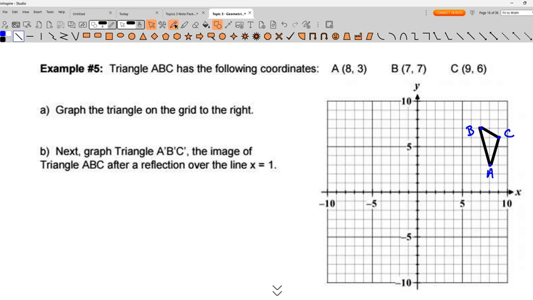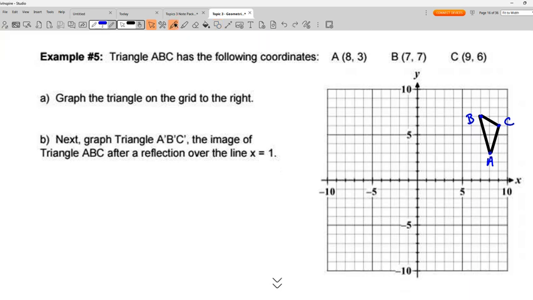Now, what they want us to do with that triangle is graph triangle A prime, B prime, C prime, which will be triangle ABC after a reflection over the line x equals 1. Okay, so we're going to reflect triangle ABC over the line x equals 1. Any equation that starts out with x equals is a vertical line.